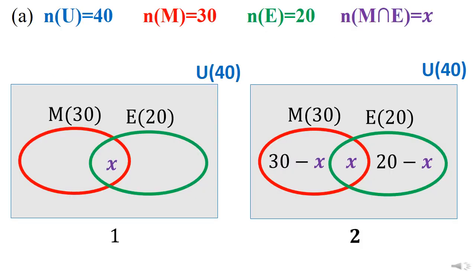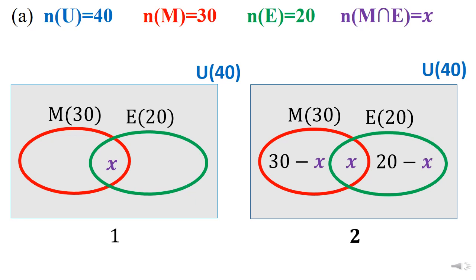Now we have the universal set, number of U equal to 40. Mathematics, number of M equal to 30. English, number of E equal to 20. Both mathematics and English, number of M intersection E equal to X. So, step 1, you draw your Venn diagram.